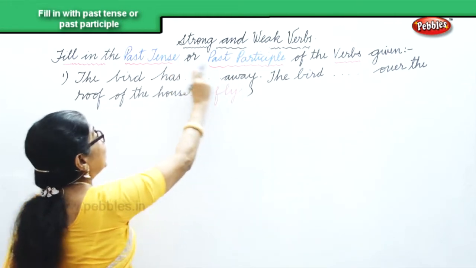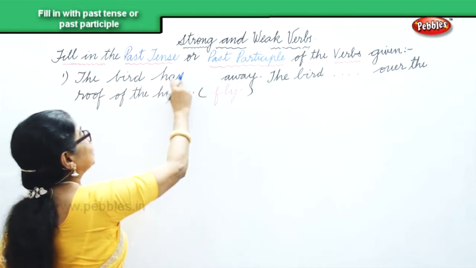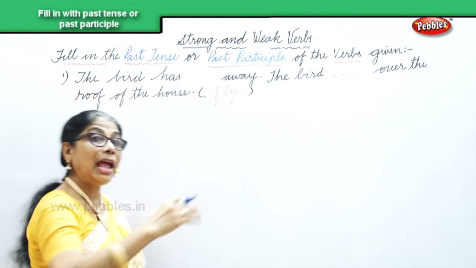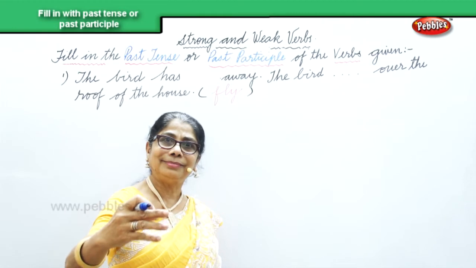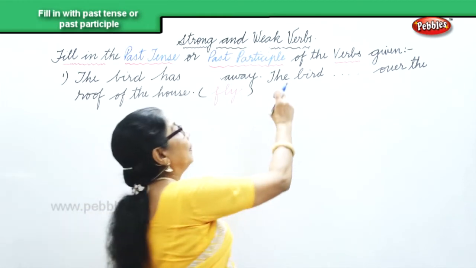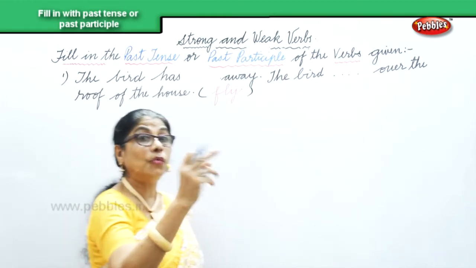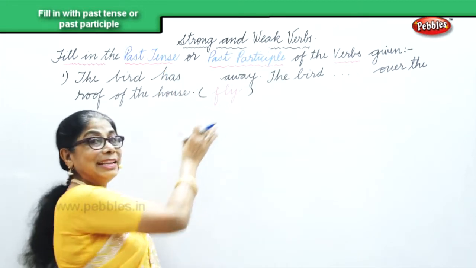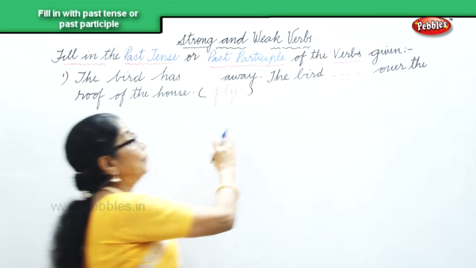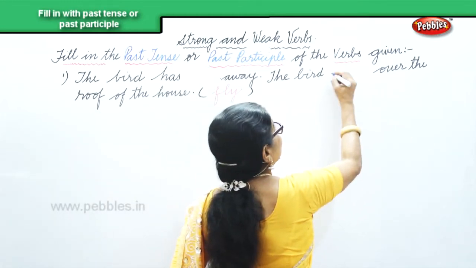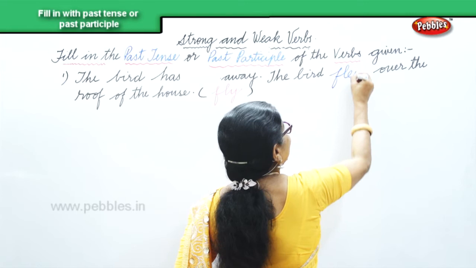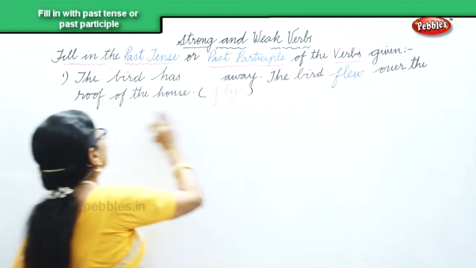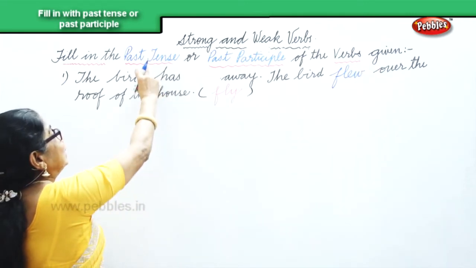So the past participle is first. The bird has flown. Past participle. The bird flew over, past tense. So we are using the present fly. When you say the bird flew over the roof of the house, that's the past tense.